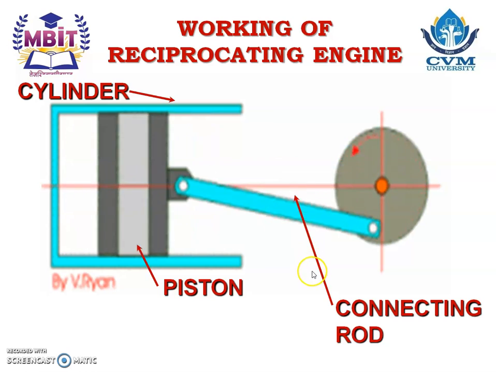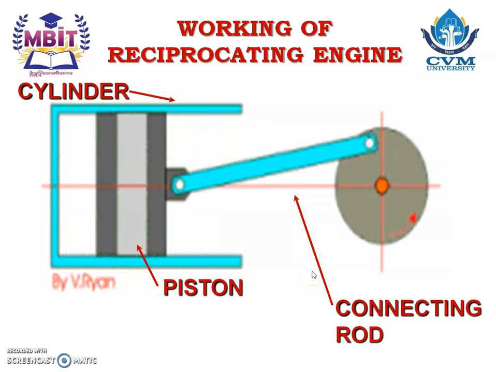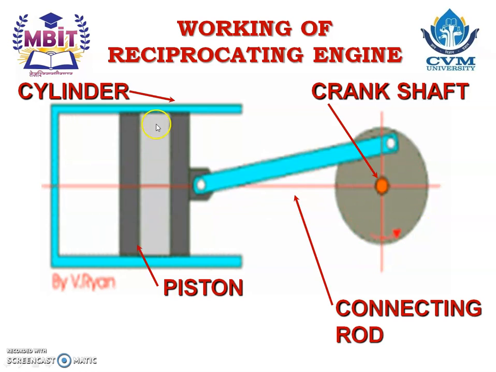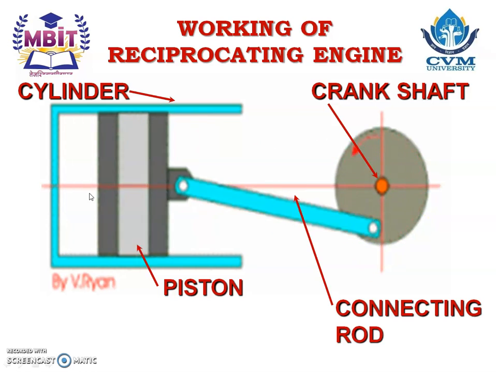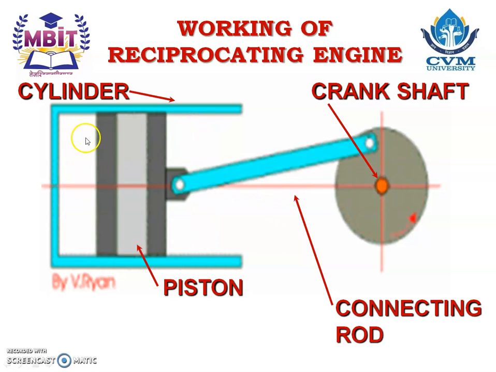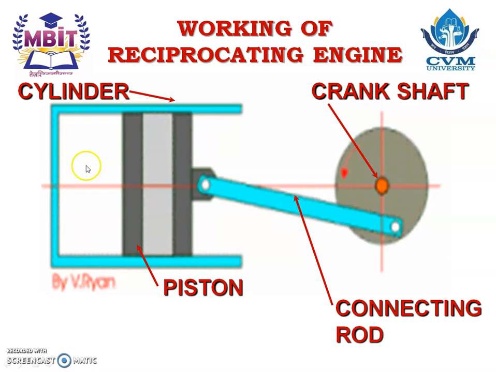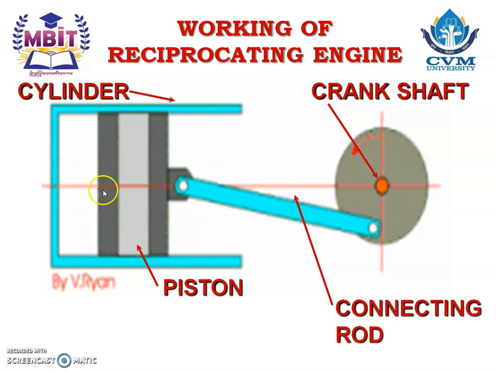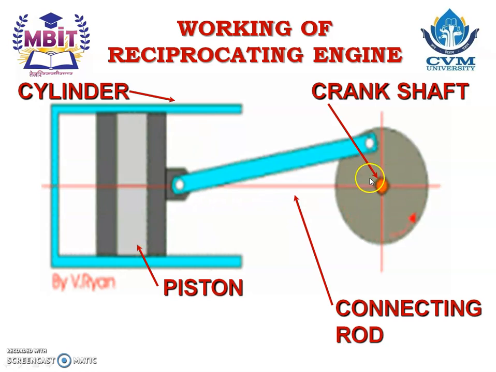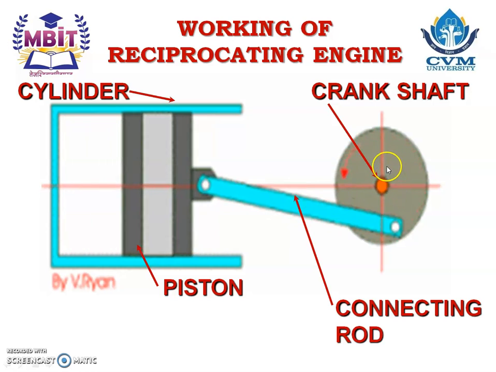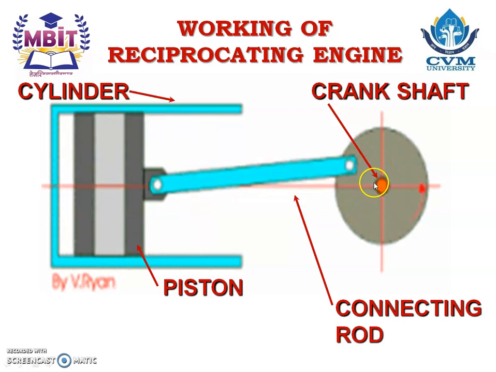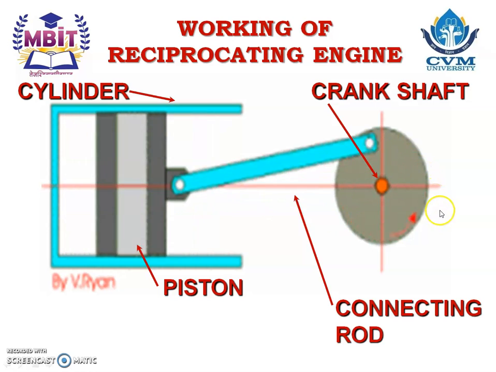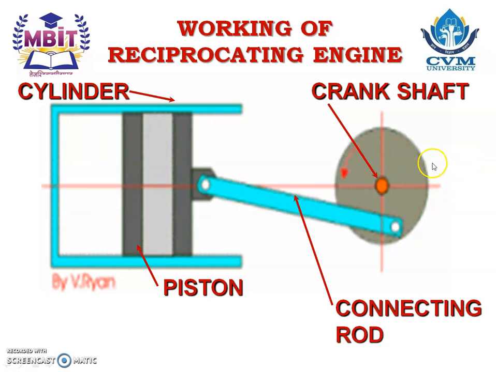This one is the connecting rod, and this one is the crankshaft. So generally the heat energy is generated inside the IC engine, that is in the piston and cylinder, and due to that the piston reciprocates and we are getting the work done on the crankshaft. And that crankshaft may be connected to the different prime movers or the wheels of our vehicle so that the vehicle moves.